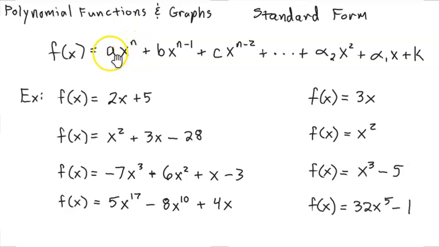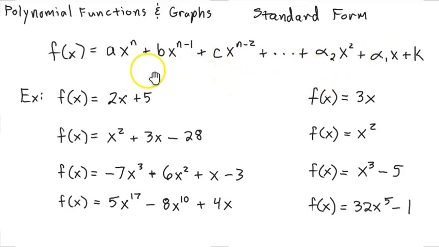And then typically the way we write it is we'll have something times x to some power, like the 73rd power, plus something times x to the 72nd power, then the 71st power. Then they'll keep going down, the 70th power, 69, 68, 67, 66, eventually until you get to x squared, then x to the first, and then the very last term is a constant. And we saw that when we did quadratics.